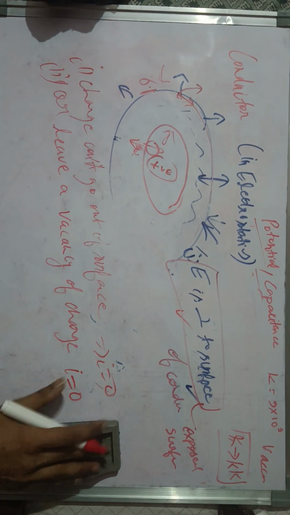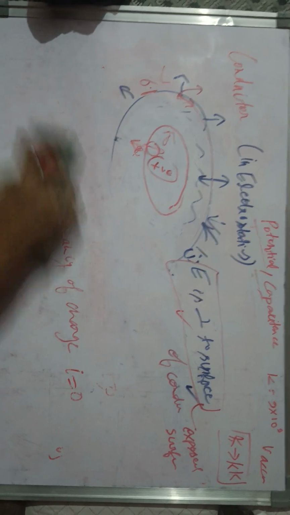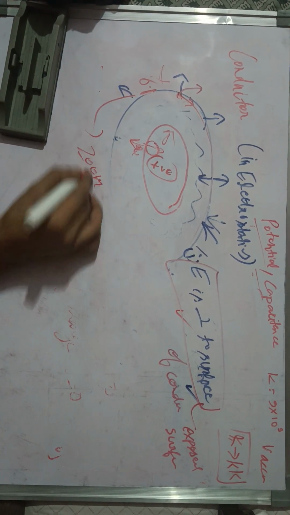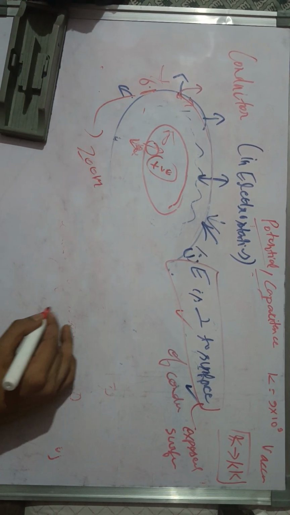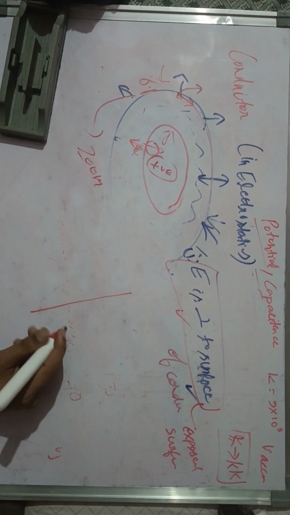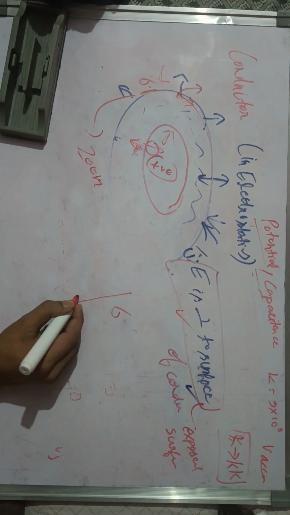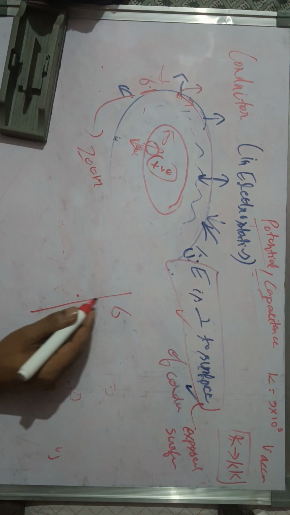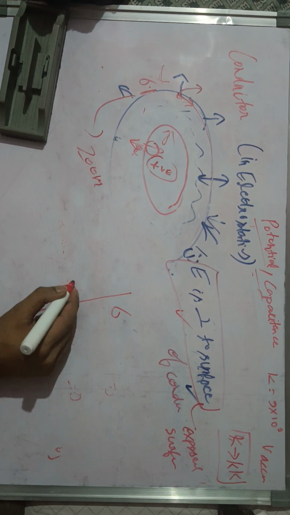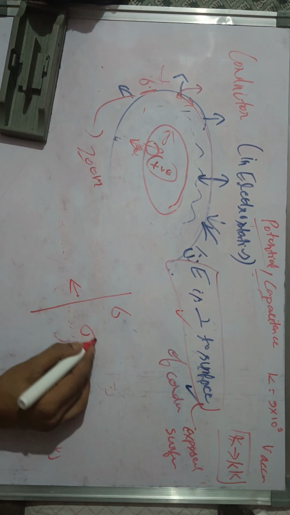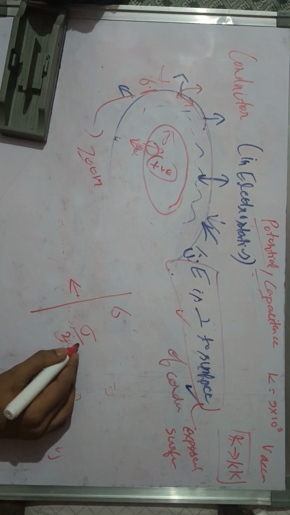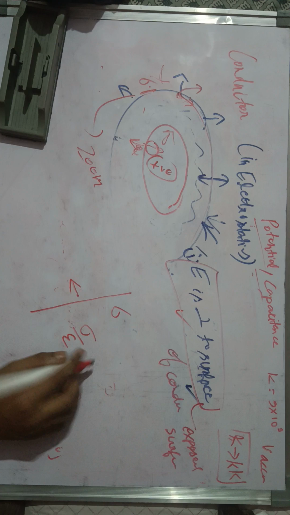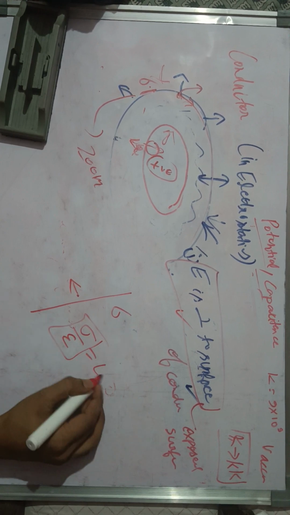Let me zoom in, so this area becomes flat. If I take a point very close to this surface with sigma charge density, the field at this point would be equal to sigma by epsilon. How can I derive this?